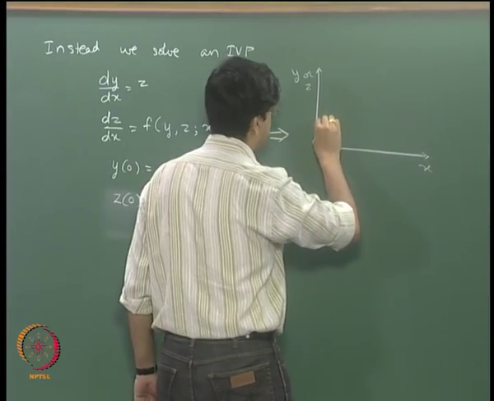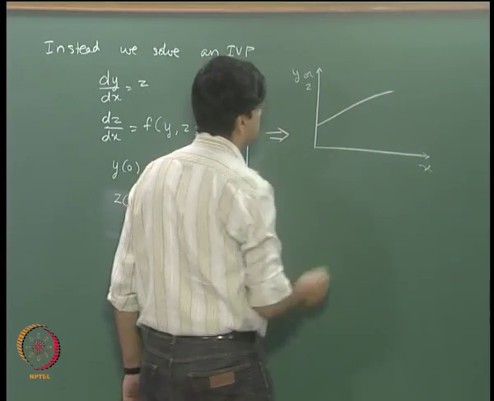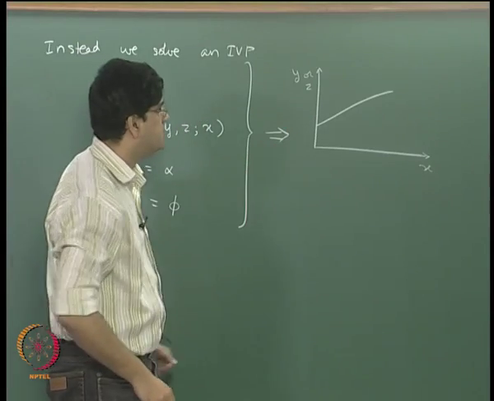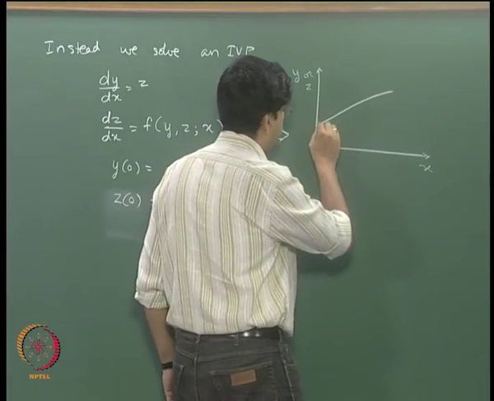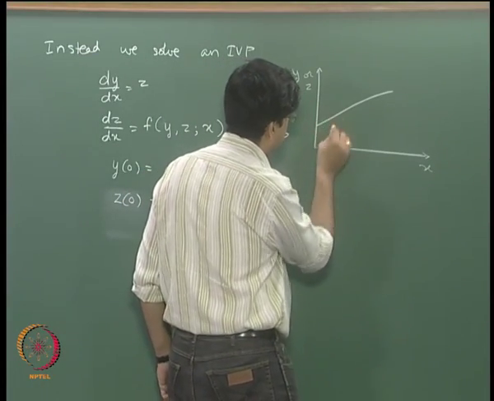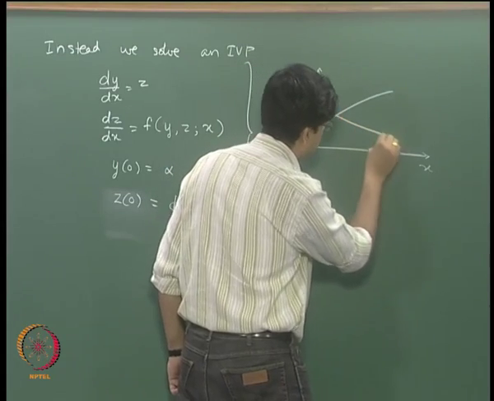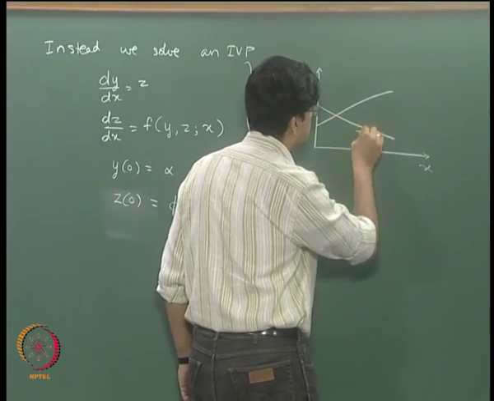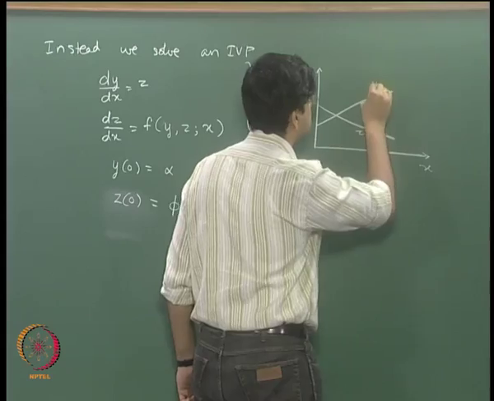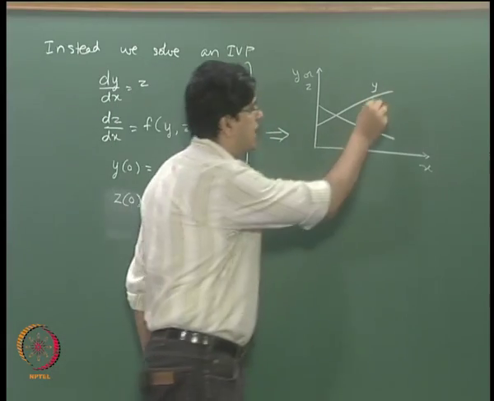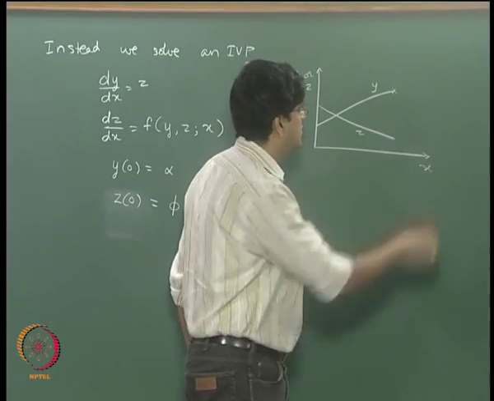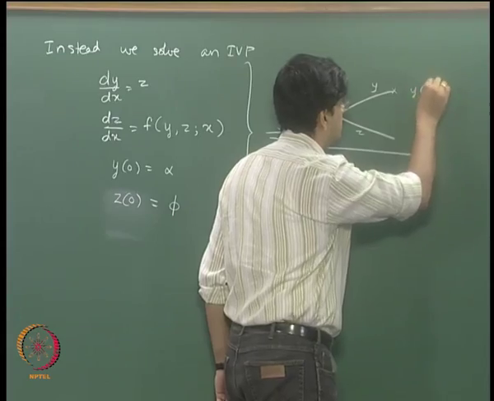So, for example, the temperature changes like this and the overall dT by dx probably changes somewhat like this. This is how z goes and this is how y goes, and this is the value at y(L).